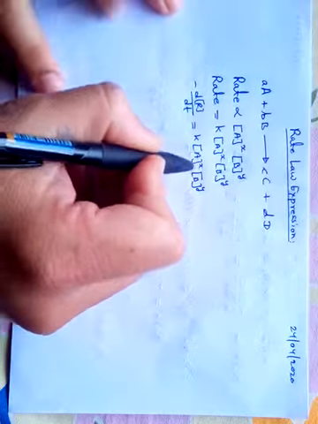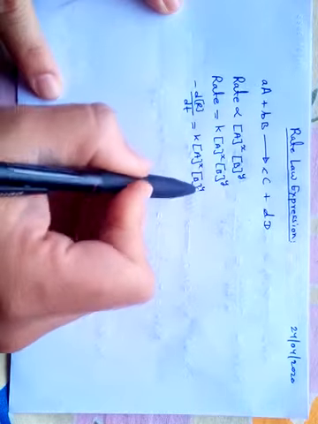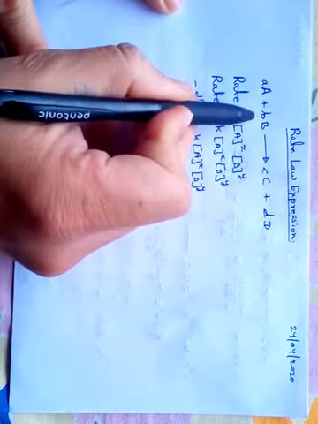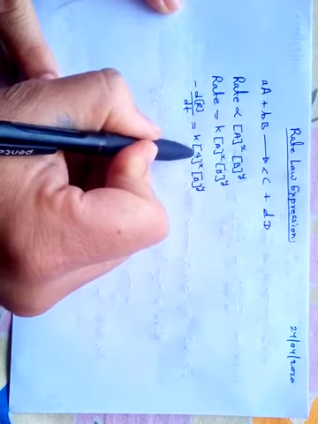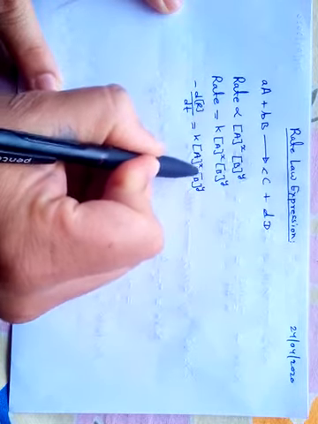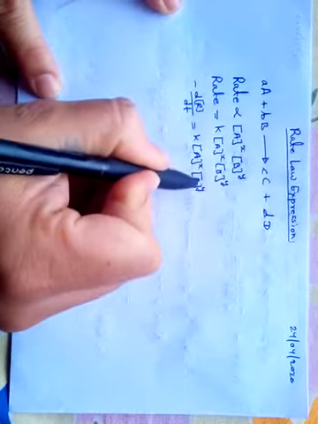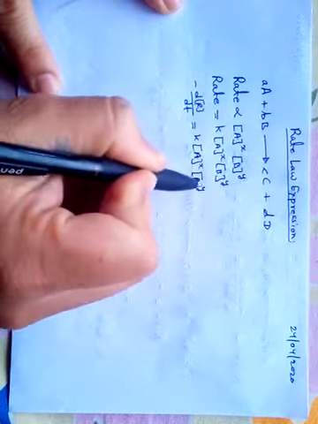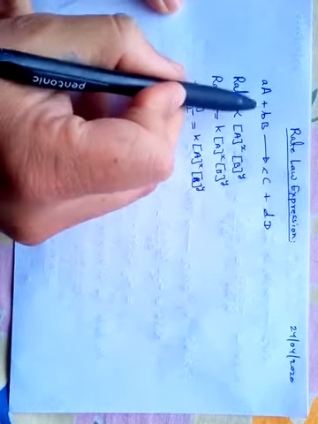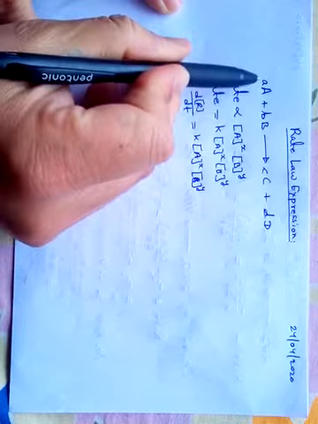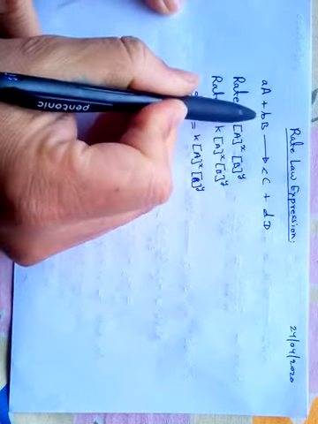So this x may be equal to a, and this y may or may not be equal to b. A and B are the reactants raised to some power, x and y, which may or may not be equal to the stoichiometric coefficients a and b.